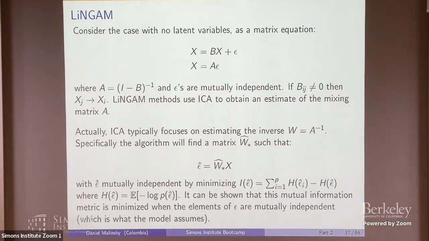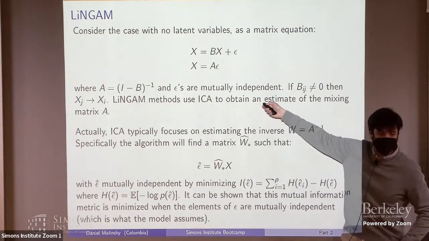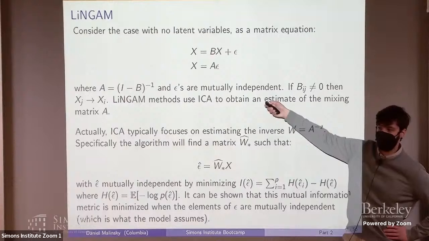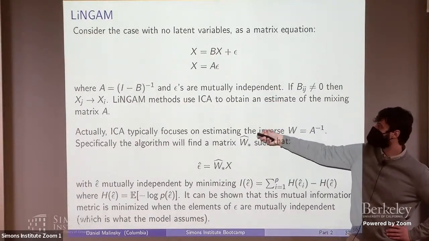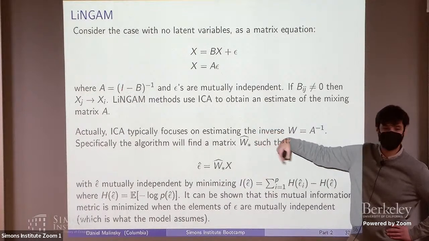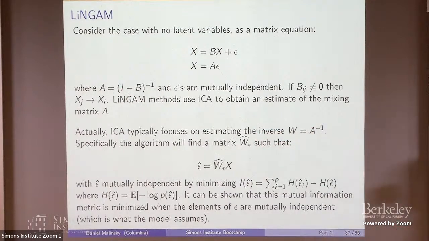Really quick, I started off by saying here's the linear model in matrix form. And here's the same model, turning A into the identity matrix minus B, inverted. In this model, if there's a coefficient, then there's a corresponding edge in the underlying DAG. So what you want to learn for the DAG is that set of coefficients.